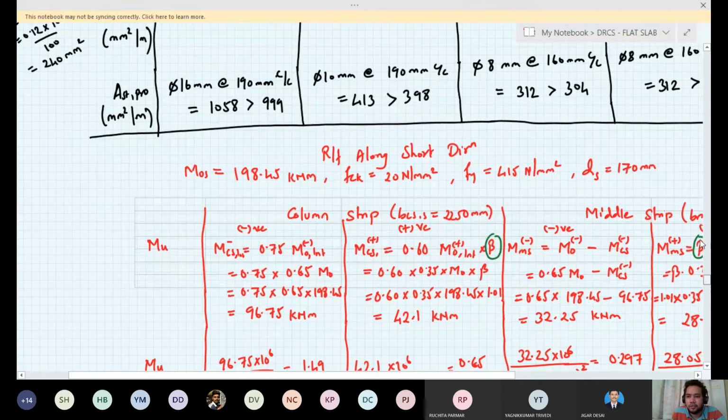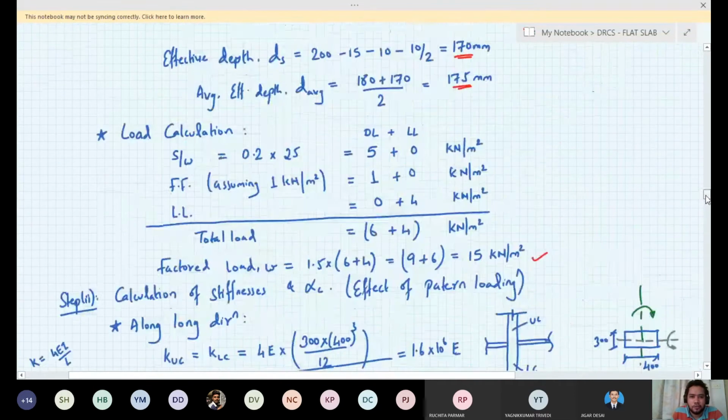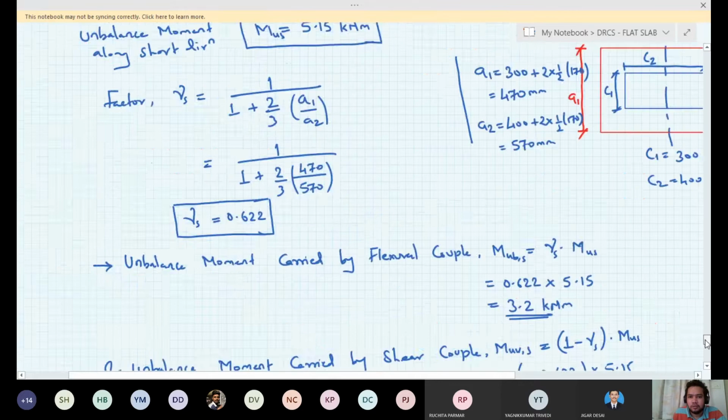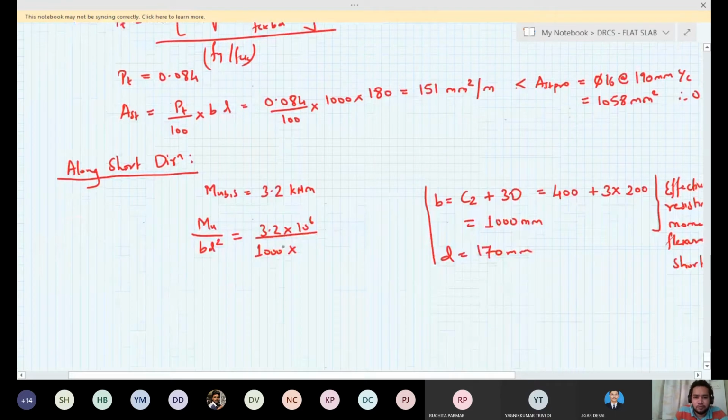Okay, and the same we have taken in the first step also. Along the short direction it is 170. So how much is this value? Then you can find out PT.